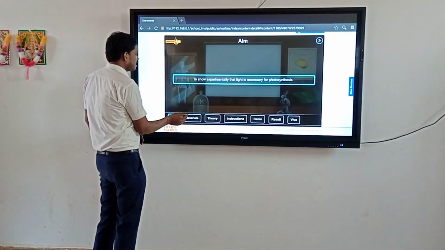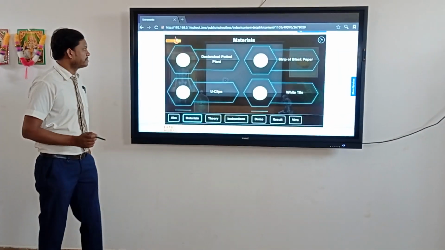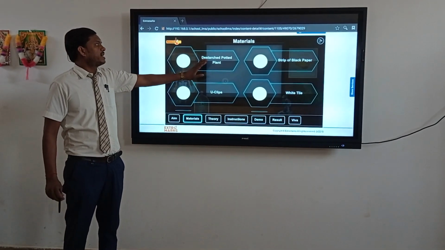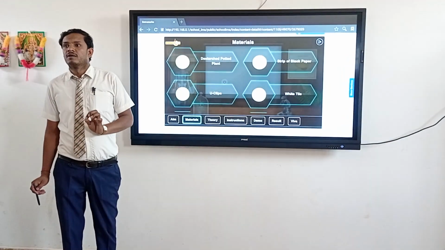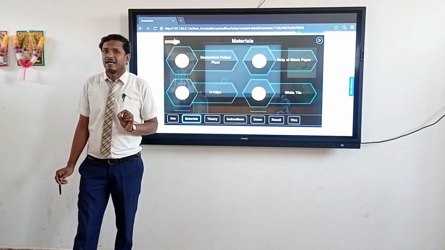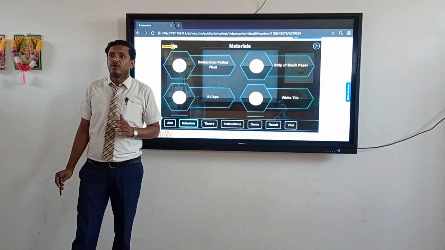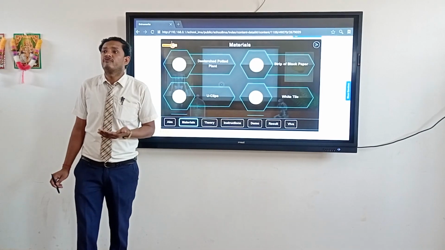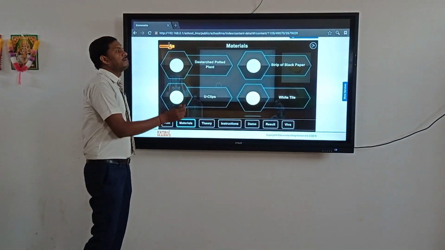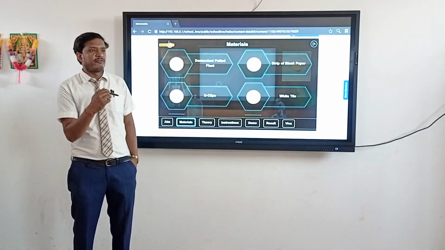What are the materials that you need here? A destarched potted plant. What is starch? That is the stored form of food in the plant. That is glucose, and when it is stored in the plant, it is stored in the form of starch. A strip of black paper that you need to cover the leaf.